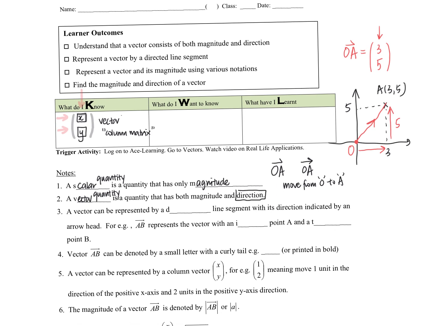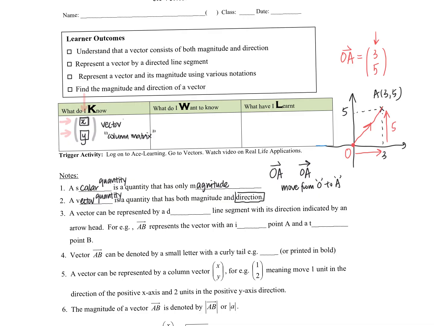So if I have another point B, for example maybe here, I say it's (-2, -1). So this is point B, negative 2, negative 1. If I want to write the vector OB, I'm moving from O to B now.